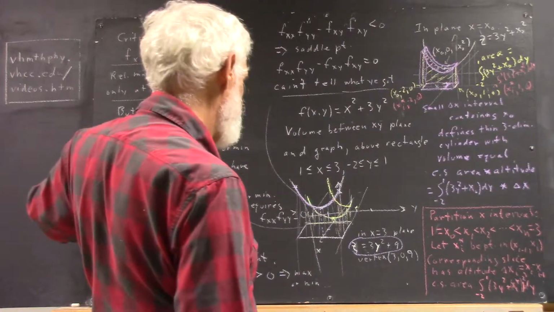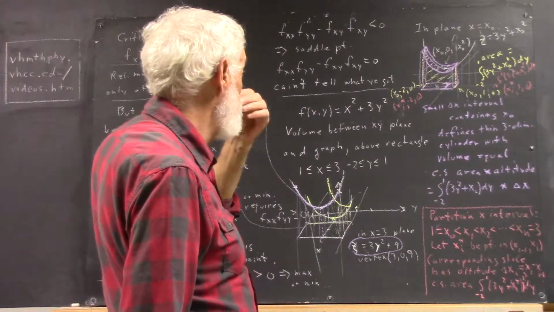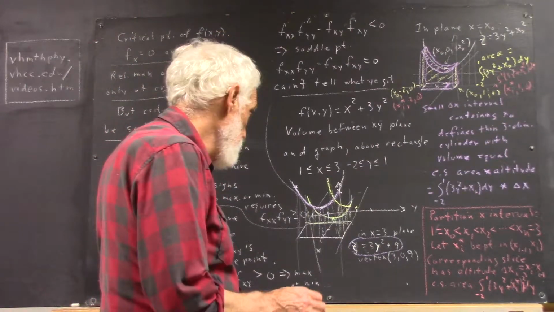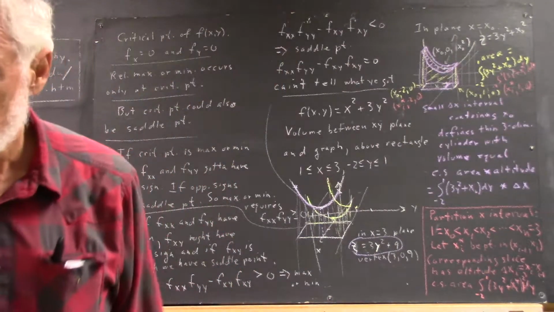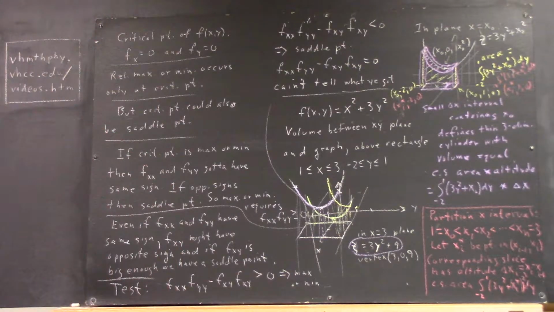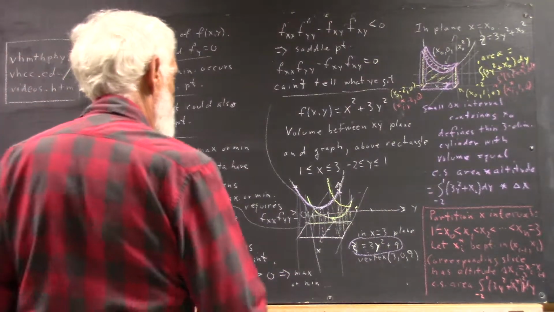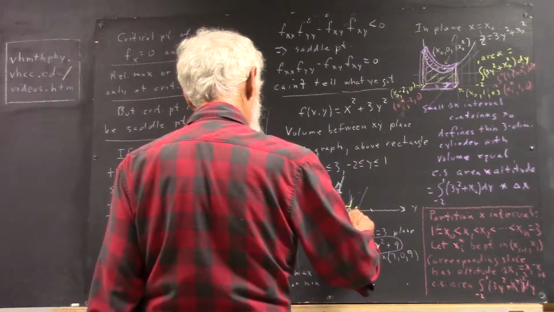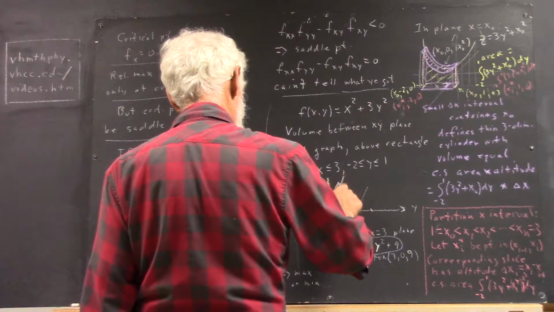Now, in the XZ direction, if we look at the parabola, with a piece of yellow chalk, above this line, we do a similar analysis, and it's going to look like something like this.